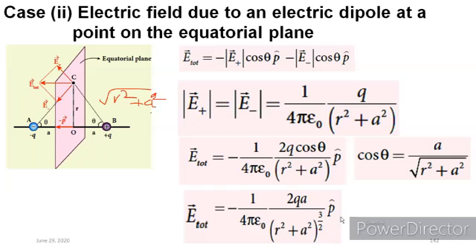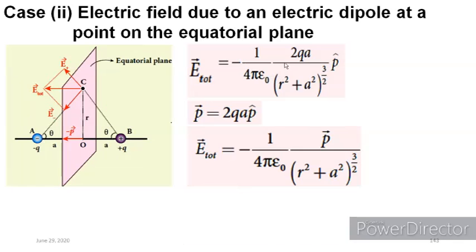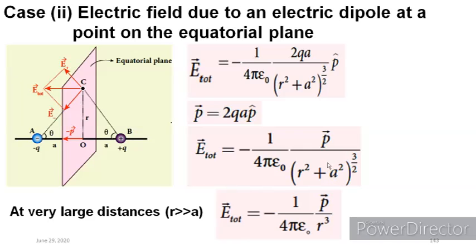That is the final expression. Here we have replaced 2qa into P cap as P vector. At very large distance A can be neglected, so this equation becomes minus 1 by 4 pi epsilon naught into P vector by r cube. So this is the final expression.